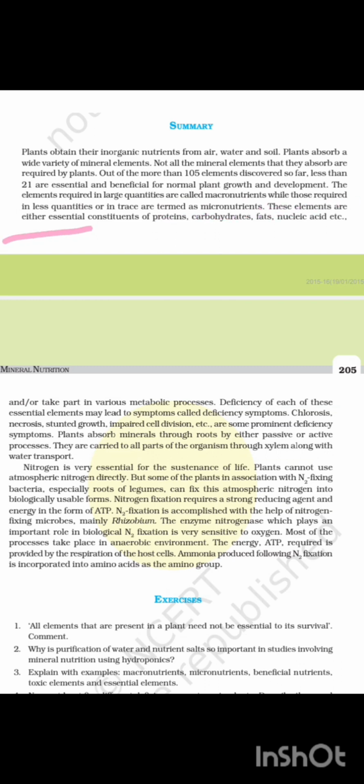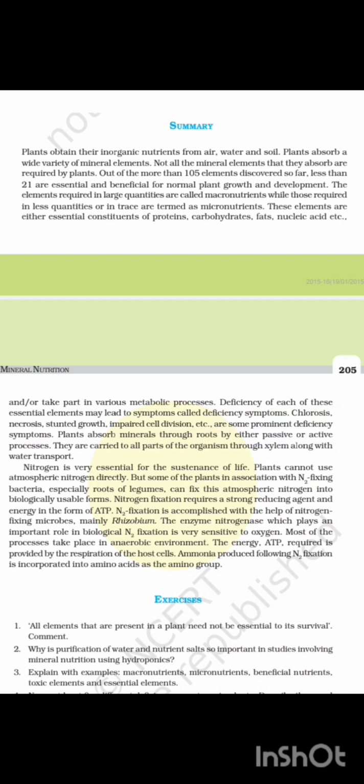These elements are either essential constituents of protein, carbohydrates, fats, nucleic acids, etc., or take part in various metabolic processes. Deficiency of each of these essential elements may lead to symptoms called deficiency syndrome. Chlorosis, necrosis, stunted growth, impaired cell division, etc. are some prominent deficiency syndromes.